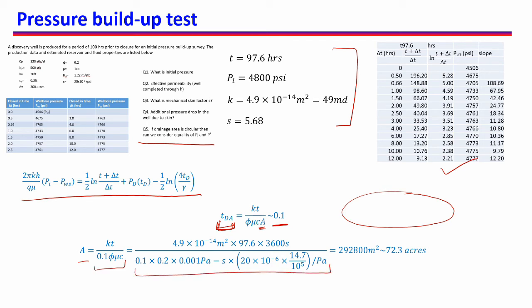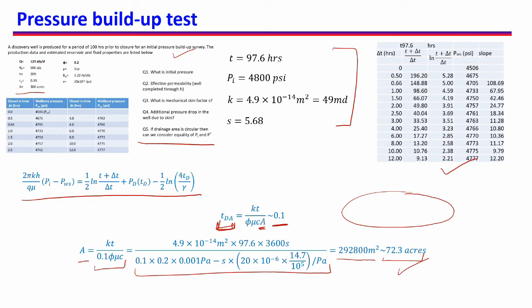Again I have used SI units, and my area came out to be 292800 meters square, which comes out to be 72.3 acres. Now we are already given the area of our reservoir. So here we can say that it was 300 acres of area, which is much larger than the area for which we will be in pseudo steady state.